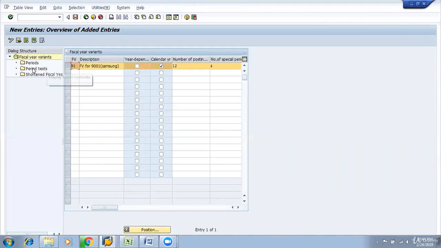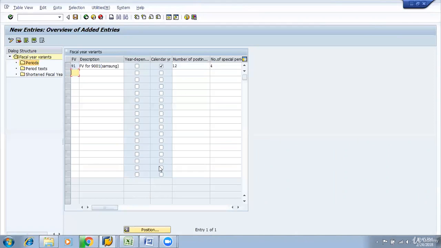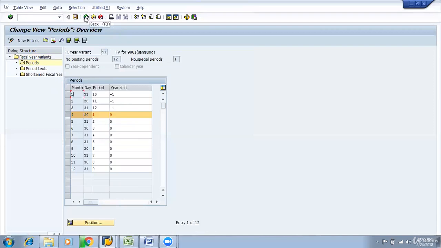What if I try to double click on periods as I did earlier? The system stops me and says periods cannot be maintained for calendar dependent fiscal year variants. So the system tells me that it knows what a calendar year means. You need not tell me how many months or which month has how many days. Once I deselect this and go inside, the system allows me. Clear?